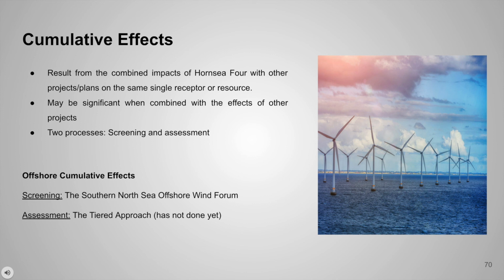Secondary effects in this report are those effects that are taken to be part of a chain of impacts or effects that can be readily traced back to an action of Hornsea 4, and indirect effects may be partly the consequence of an action of Hornsea 4 but occur much later in time or much farther removed in distance, but they are still reasonably foreseeable.